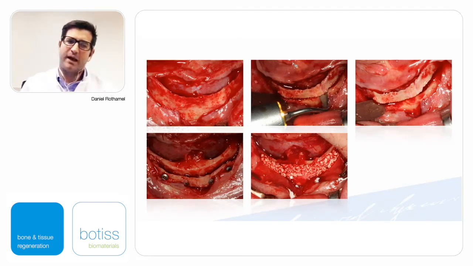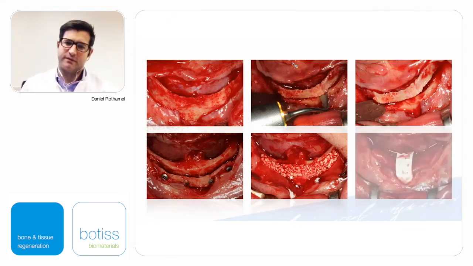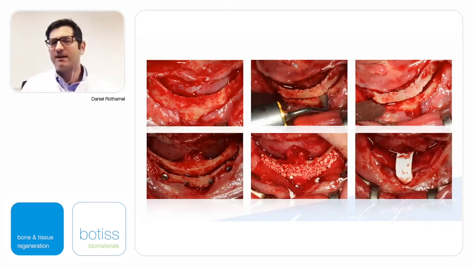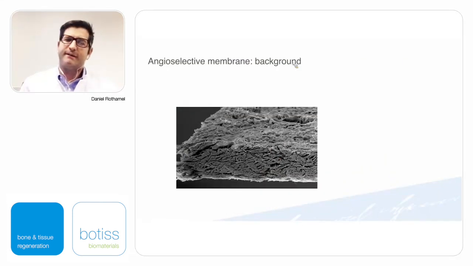So we applied some bone substitute material, some cerabone particles in between, and then we use the membrane. In this indication, we don't need a very long barrier function because the exposed area is very limited, and we want to see very fast blood vessel ingrowth to support the healing of the autogenous bone.